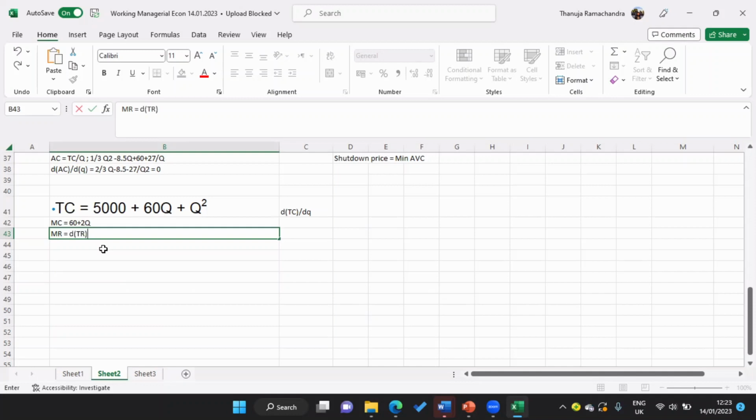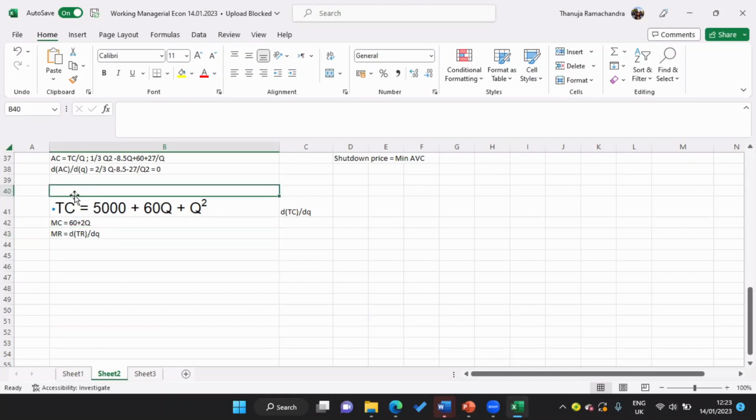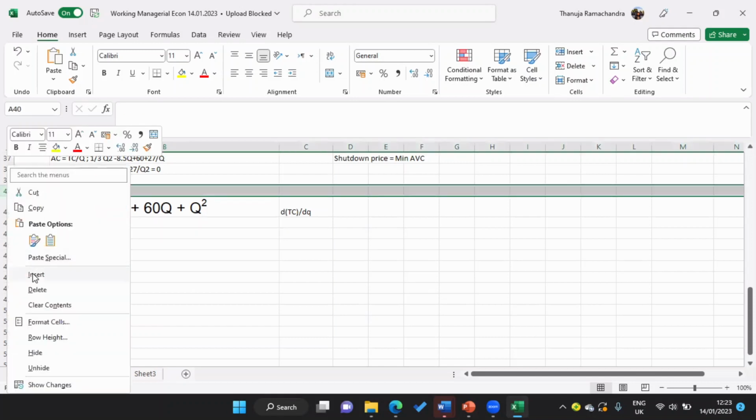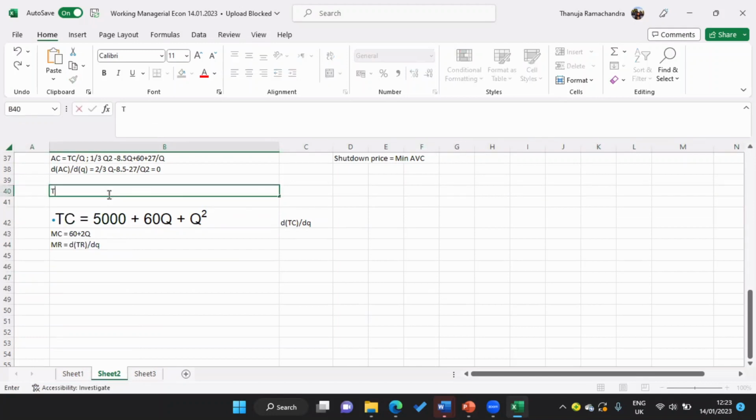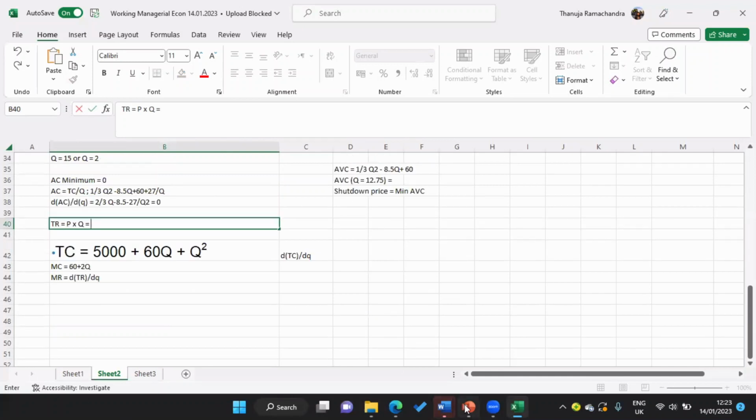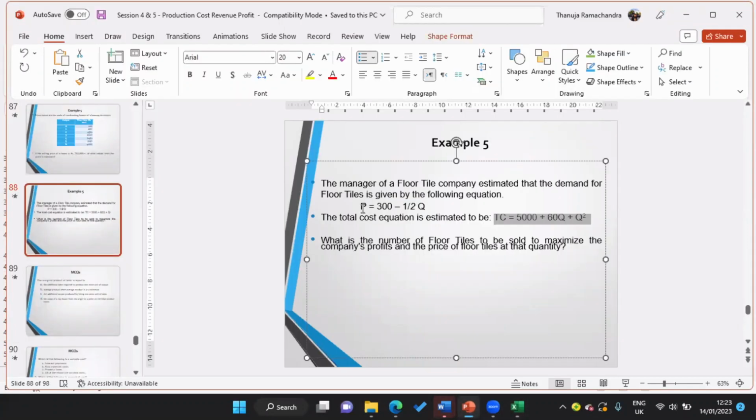DTR divided by DQ, right? So the derivative of the revenue with respect to Q. So we put TR equal to P into Q. P is given like this, you can see the Excel, no?